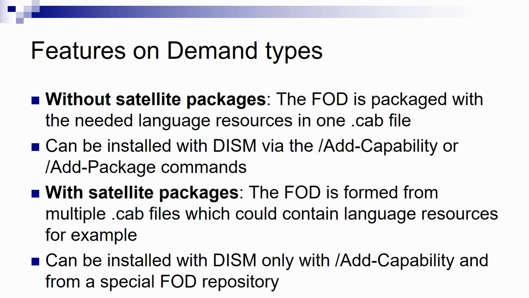The FODs with satellite packages are formed from different cab files, one main cab file, and also other ones that, for example, may represent different language packs. These have to be installed with the add capability command and only from a special features on demand repository.